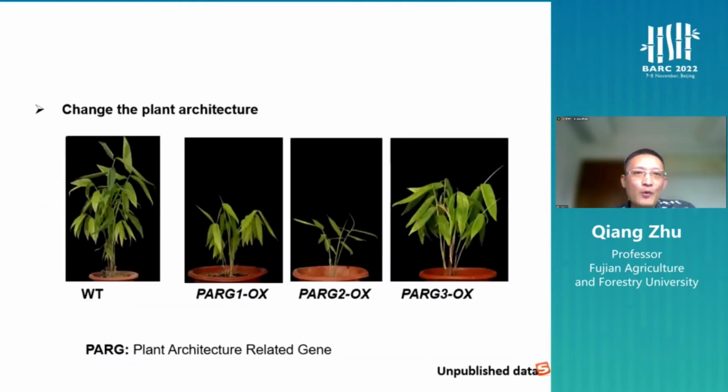Also, by modulating some phytohormone-related genes, we can change the plant architecture. Here, for example, we modulated some auxin-related genes, and it significantly reduced the plant height.